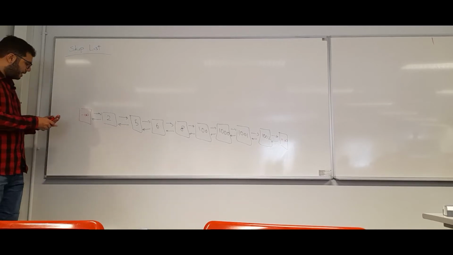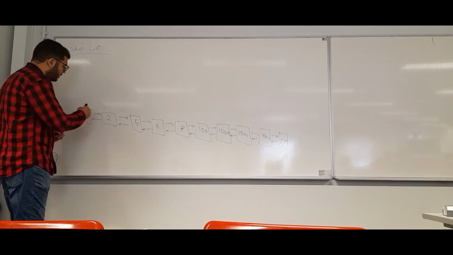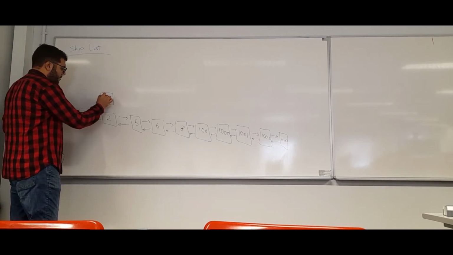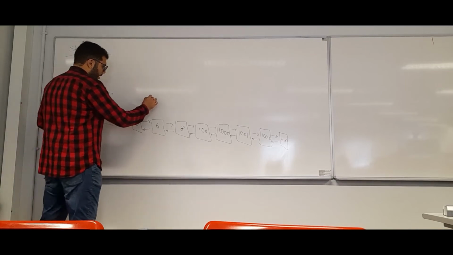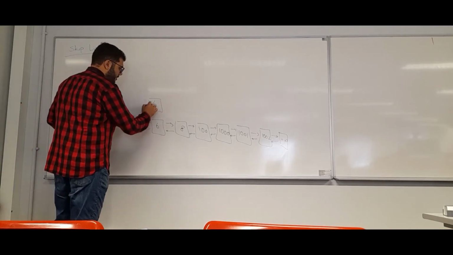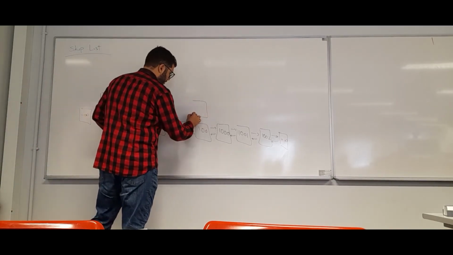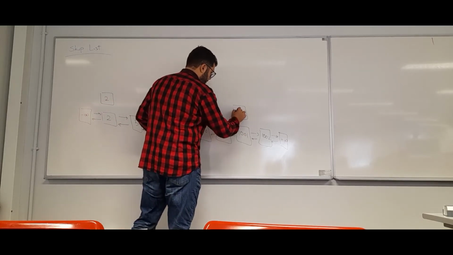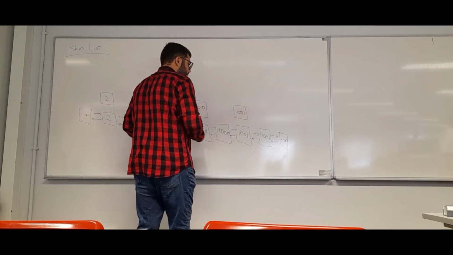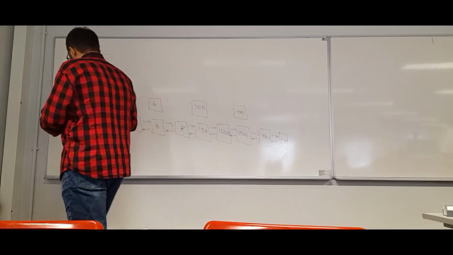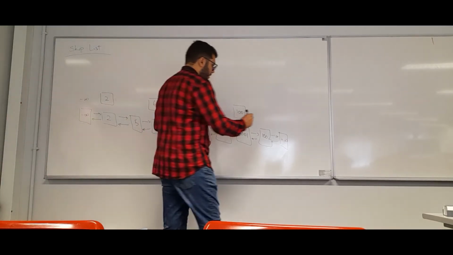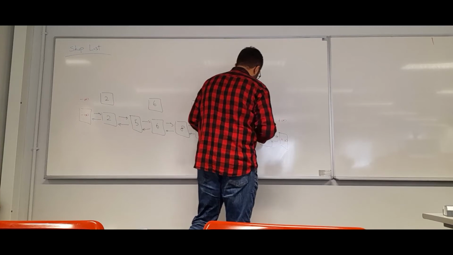So maybe I can have another layer of linked list on top of this, so that I only have half of my elements. So I have 2, I have 6, I have this one, which is 100, I have this one, which is 1001, and I will always add my minus infinity and plus infinity as well.